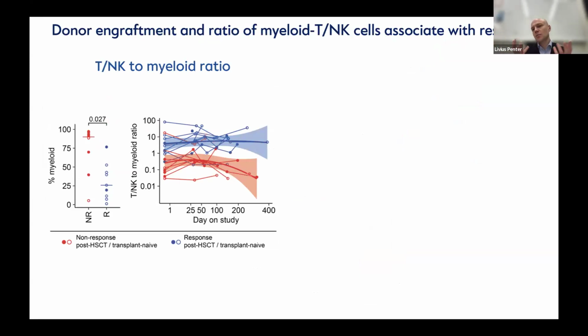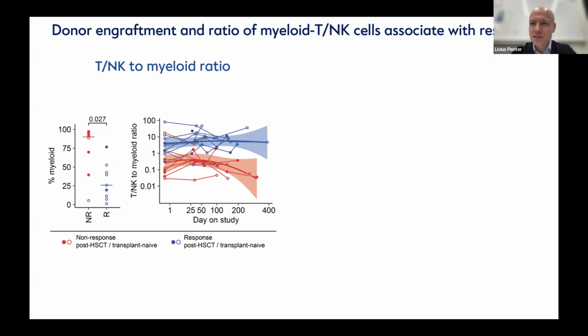And now you might ask, okay, so what's the significance of this? And if you are an experienced leukemia doctor, you might already guess that the myeloid cells are probably the leukemia.